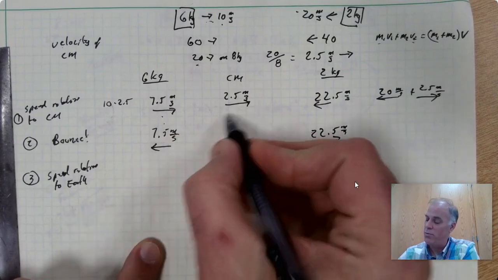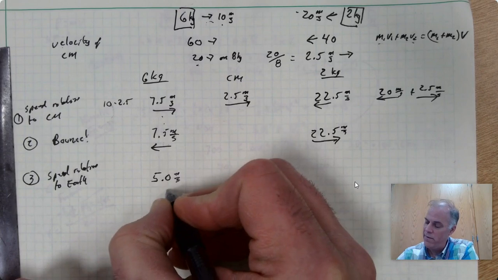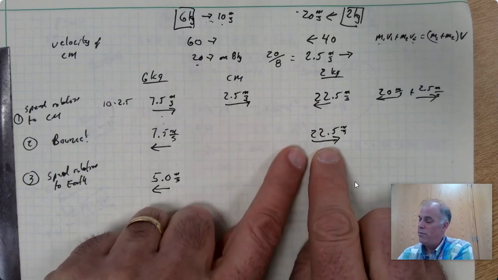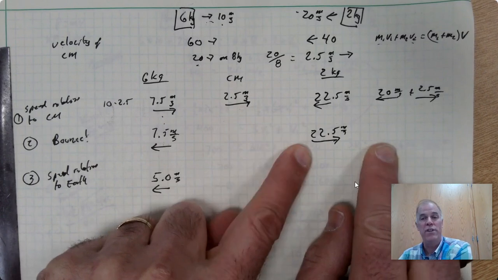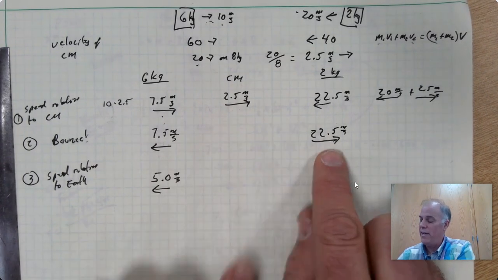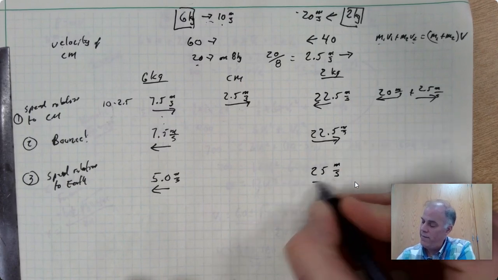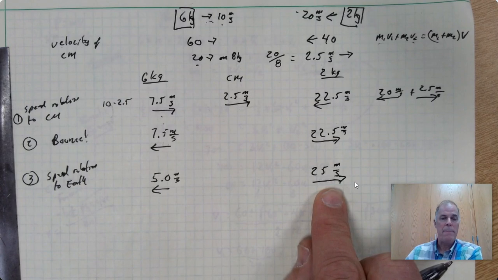So we're going to subtract the 2.5 and get 5 meters per second that way relative to the ground for the 6 kilogram block. And this one is moving away from something which itself is moving to the right. So these we're going to add together, and we're going to get 25 meters per second to the right is the speed for this one relative to the ground.